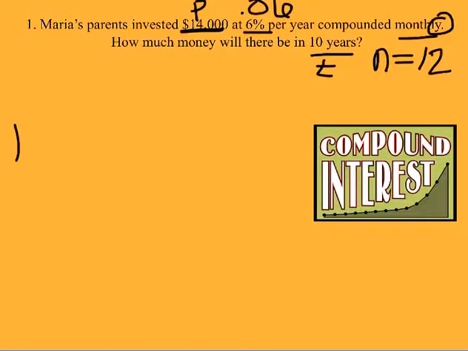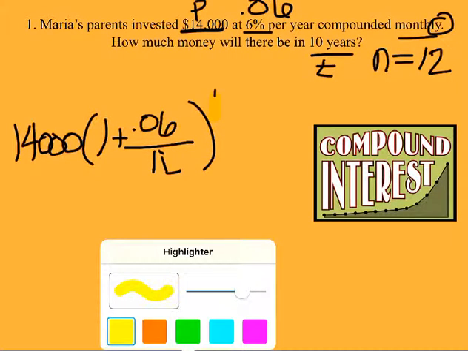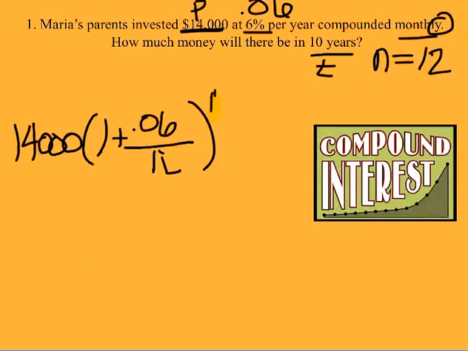So let's go ahead and plug that in. I have 14,000 times 1 plus 0.06 divided by the number of times per year, which is 12, raised to the number of times per year times the number of years. First thing I want to do is multiply out that exponent.